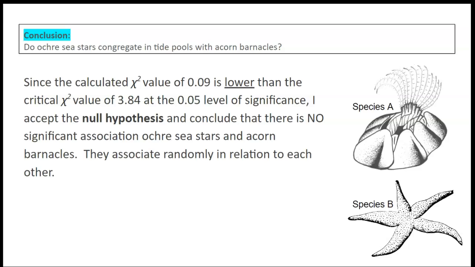That's just a number that is given to you. You just have to look at the table to get that. You don't do any calculations for that. So 0.09 is lower than 3.84, which means that you accept the null hypothesis and you can conclude that there is no significant association between the sea stars and the acorn barnacles. Okay, it's random.